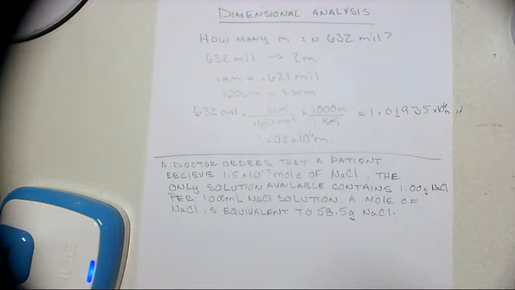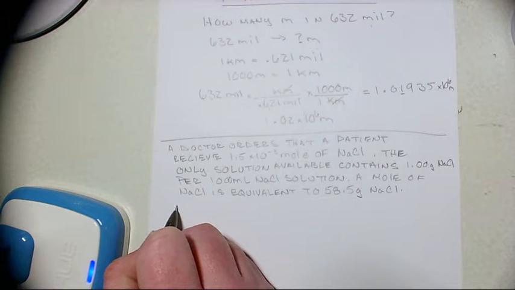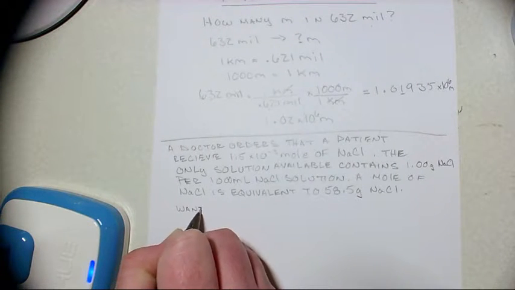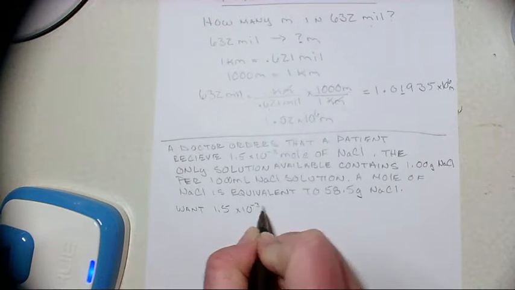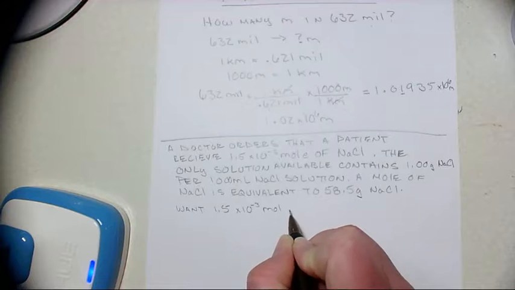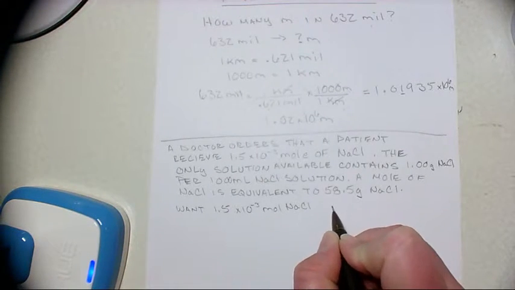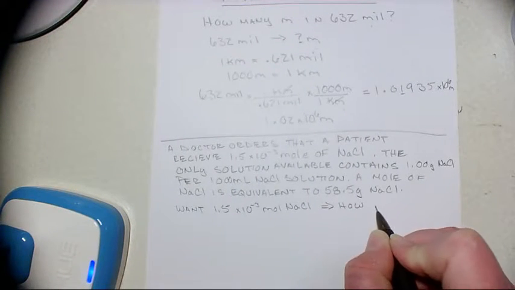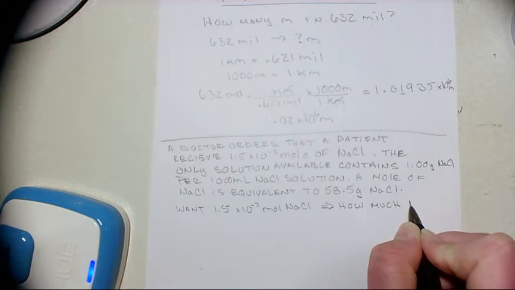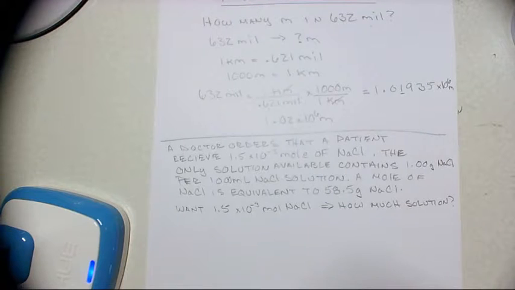So what are we given? Let's write that first. We're given, we want 1.5 times 10 to the negative 3 moles of NaCl. And we want to know how much solution. What else do we know? We're given a couple conversion factors in there.